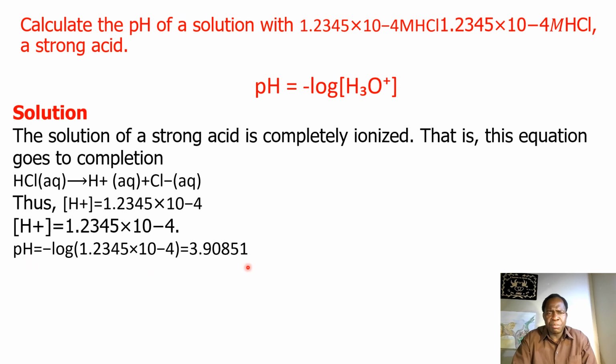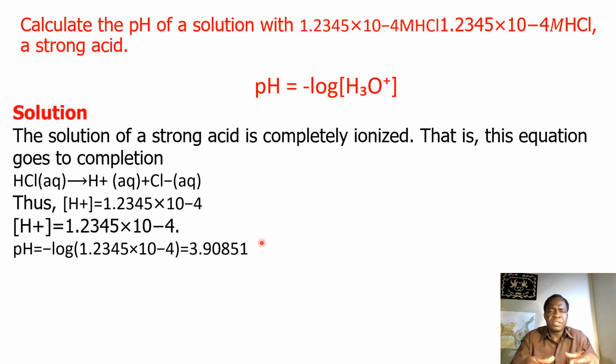Okay, pH is 3.908. But it is good for you to not just look at the solution and read through it. You need a notebook, note sheets, and solve this yourself, and learn how to use the scientific calculator to solve those kinds of problems.